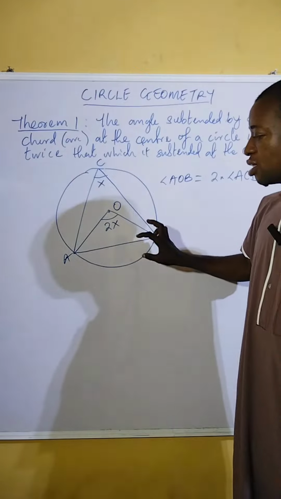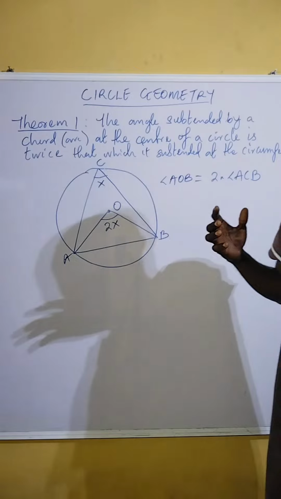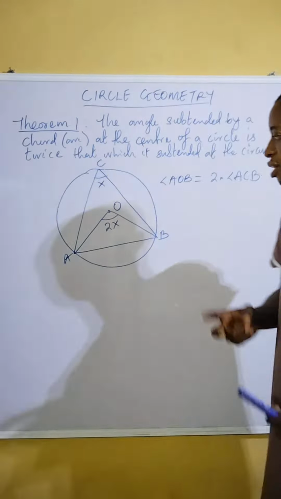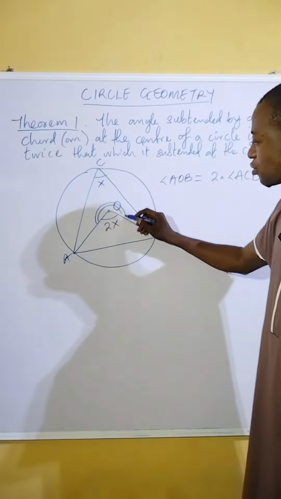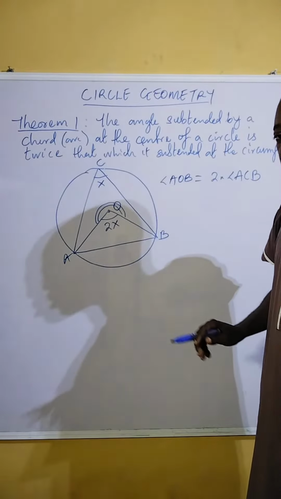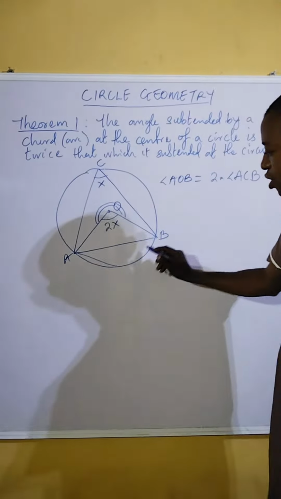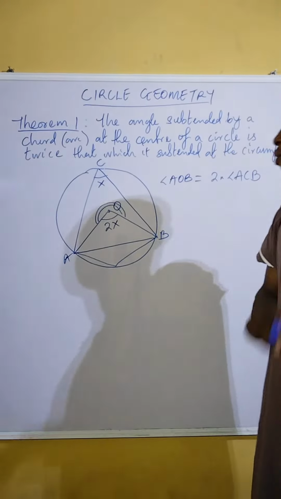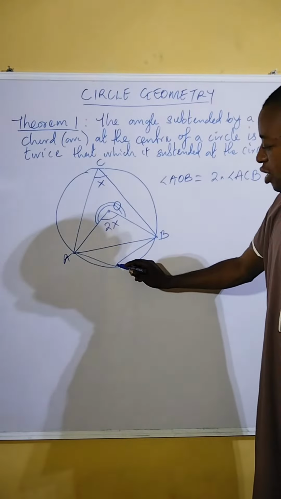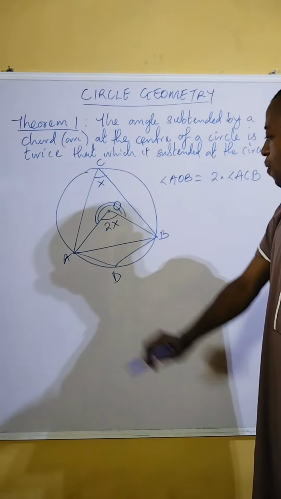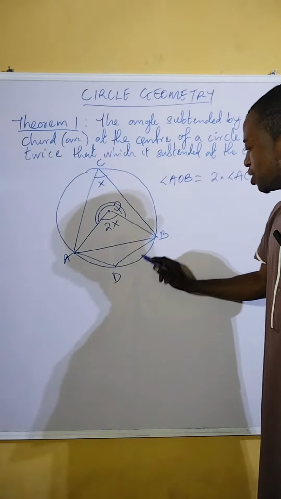Now, this is not the only possible way of having this. We said there are two angles at the center, right? When we consider this angle as the angle at the center, its corresponding angle at the circumference will be at this side. Let's call the point D. So angle ADB is at the circumference.